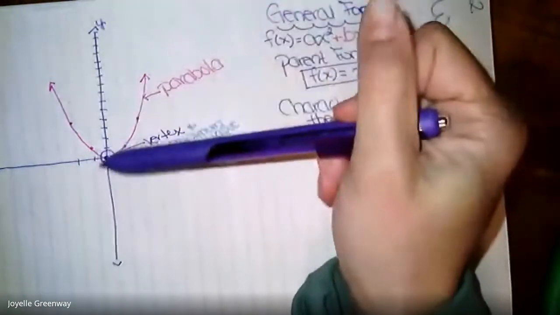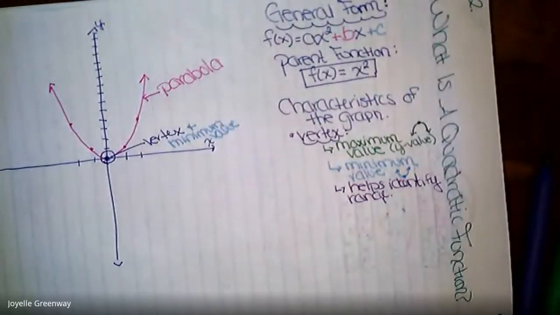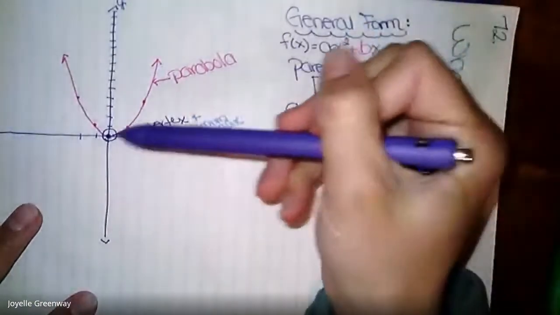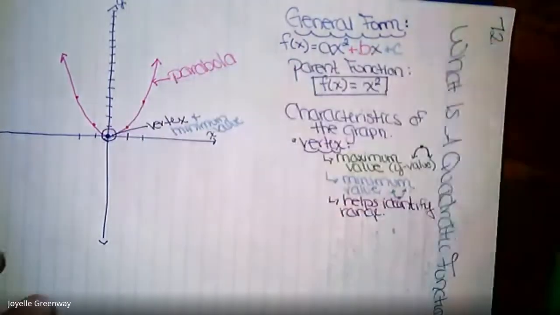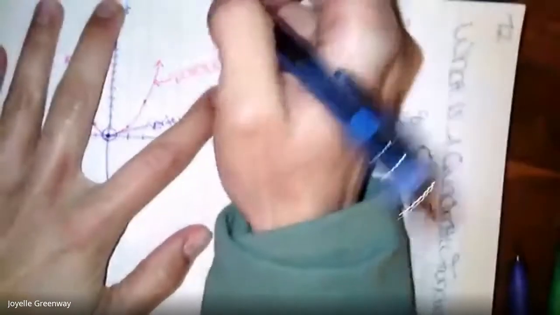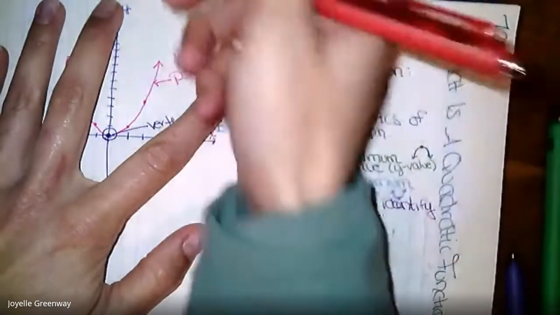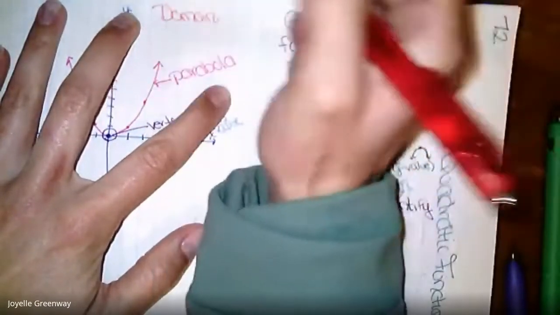Okay, so for example, for this graph, the range would be y is greater than 0, because your minimum value here is 0, and it's a closed circle, so it's greater than or equal to. So for this parabola, well, let's talk about the domain first. The domain, as in all graphs that we've been doing, is all real numbers for this graph.